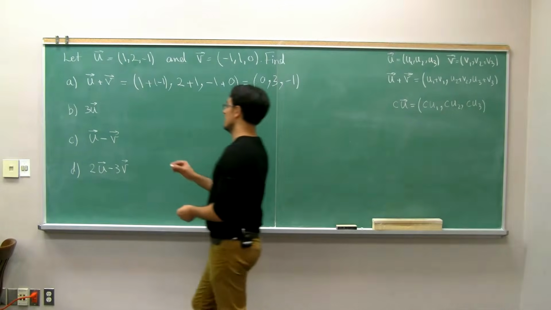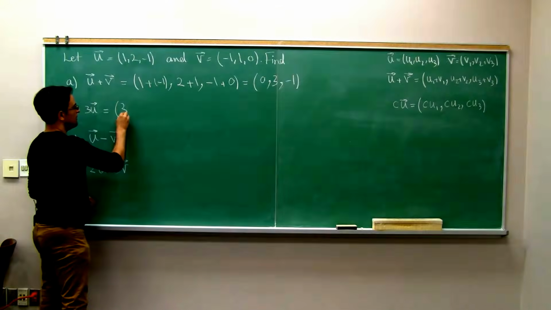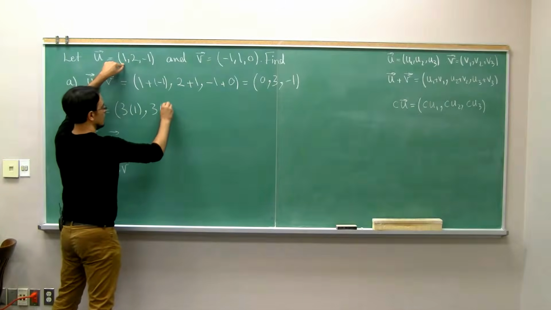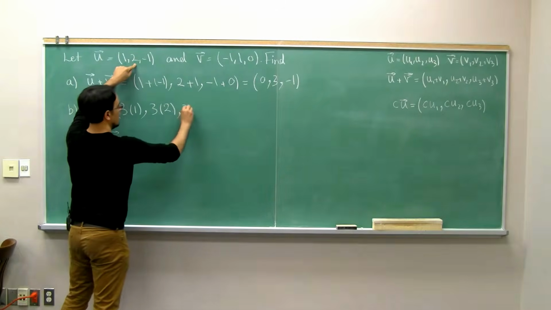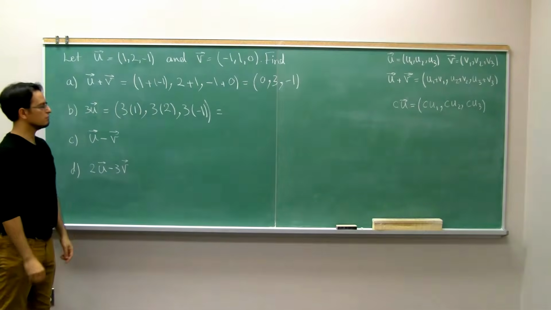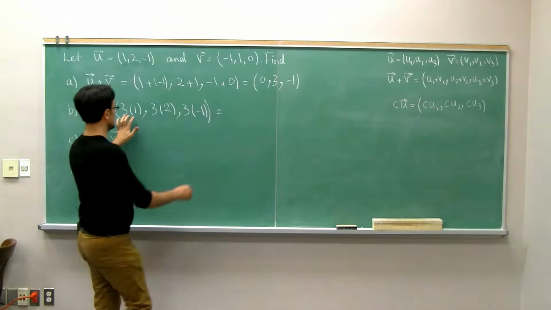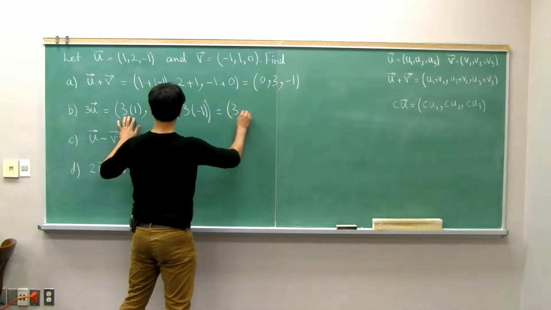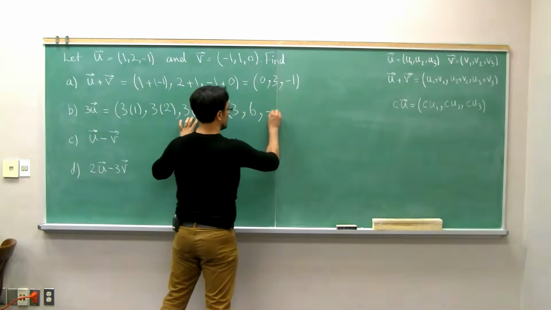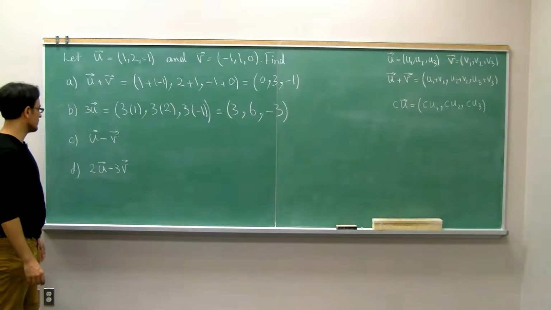In this case, c is 3, so I do 3 times the first component, 3 times the second component, and 3 times the third component. Then simplify, and you get the vector 3u: 3 times 1 is 3, 3 times 2 is 6, and 3 times negative 1 is negative 3.